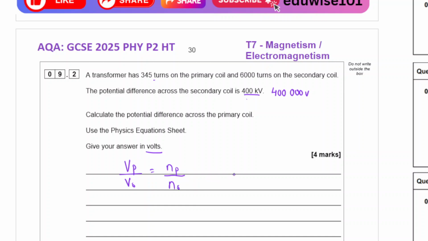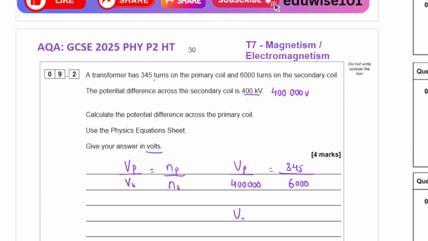So substituting it, voltage in the primary coil, which is what we are trying to find, divided by 400,000 is equal to the number of turns in the primary coil is 345 divided by number of turns in the secondary coil is 6,000.